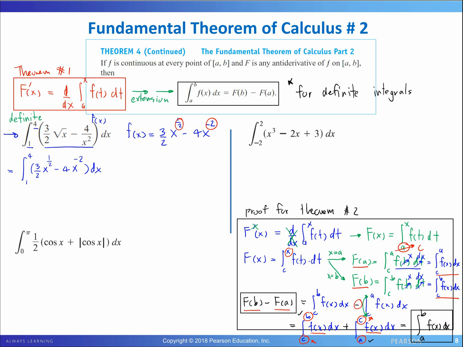And now back to the formula. We know that we have to find the antiderivative of this function. We need to find the big F. So we need to find the antiderivatives of these terms. So it's going to be equal to, let's start with this one, the first term, 3 over 2 times x to the power of 1 over 2. 3 over 2 is a constant, so I leave it alone.